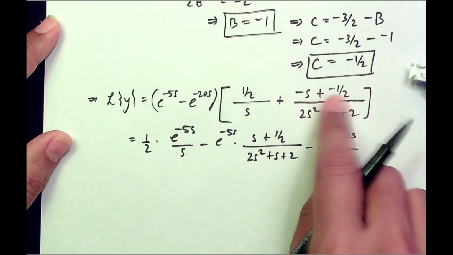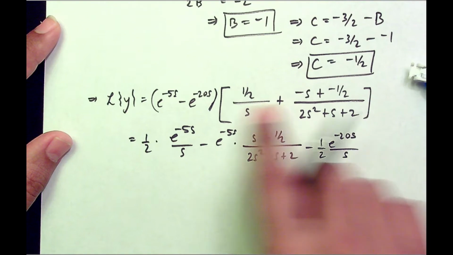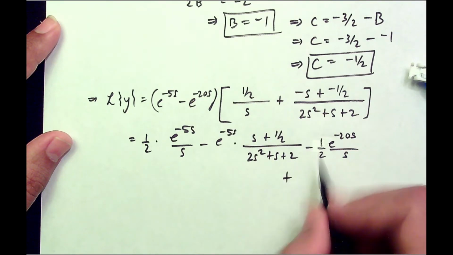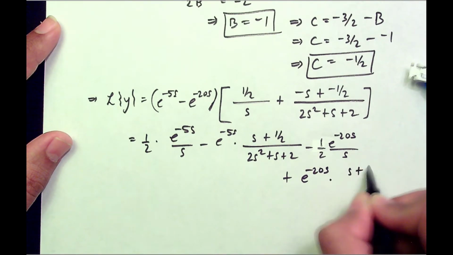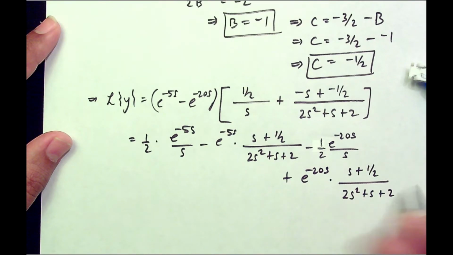Remember, you can pull out the negative from these two, so they both become positive and you have a negative in front. And then this other negative gives you a positive. So you're going to get positive e to the negative 20s times s plus 1/2, all that over 2s squared plus s plus 2.